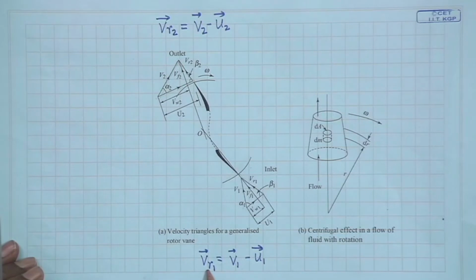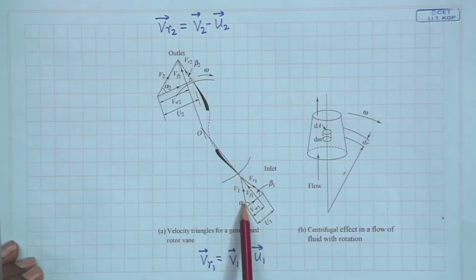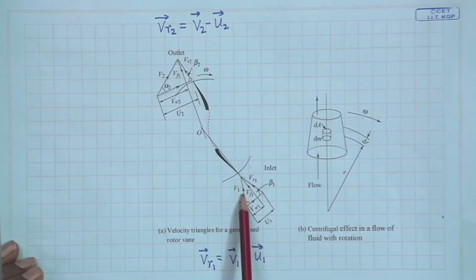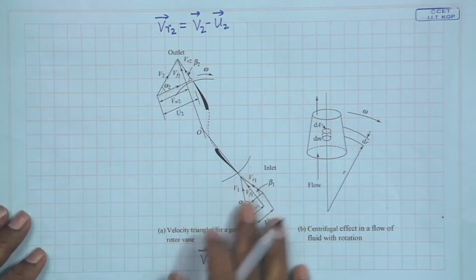Here also VR1 plus U1 is V1. In this case also, this is VR1 and this is U1. So, U1 added with VR1 in the same direction gives the value of V1, which is in the opposite direction. This is V1. This way one can understand the vector diagram at the first level, which is known as the velocity triangle.